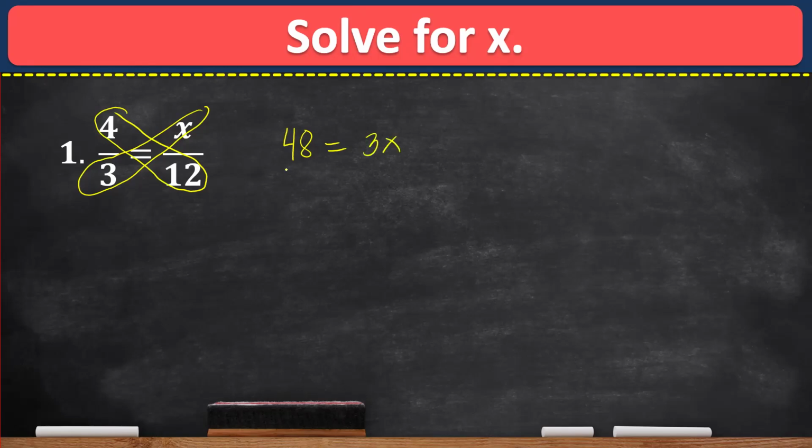Then solve for x. Divide both sides by 3. So this is 1, so x na lang yan. Pwede natin pagpalitin yan. So x is equal to 48 divided by 3, that is equal to 16. So x is equal to 16.